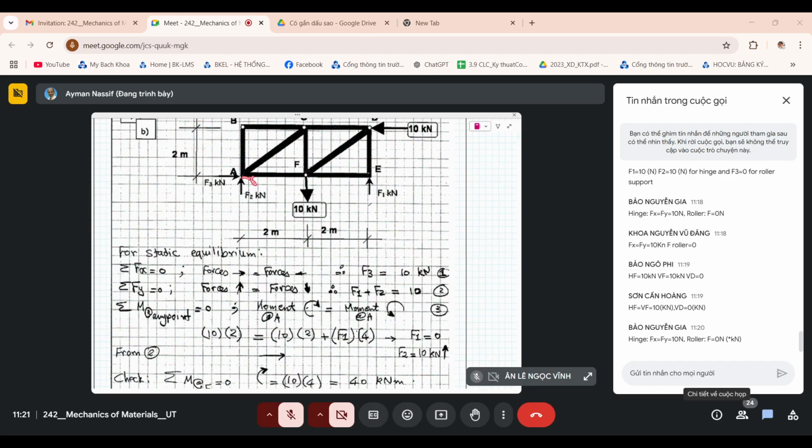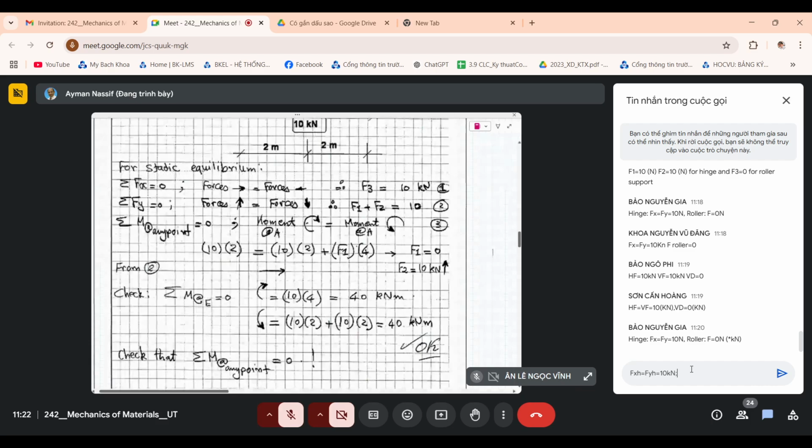So here is A, clockwise is 10 times 2, and counterclockwise direction is going to be 10 times 2 plus F1 times 4.